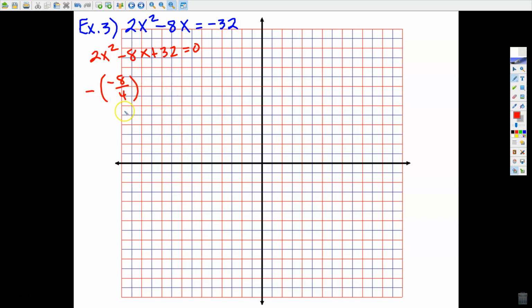And obviously that's going to be positive 2. That's -2, which is the opposite. So the AOS will be positive 2. And now when I plug in to find the vertex, I'm going to put 2 in for x. So let's see what we get in our calculator.